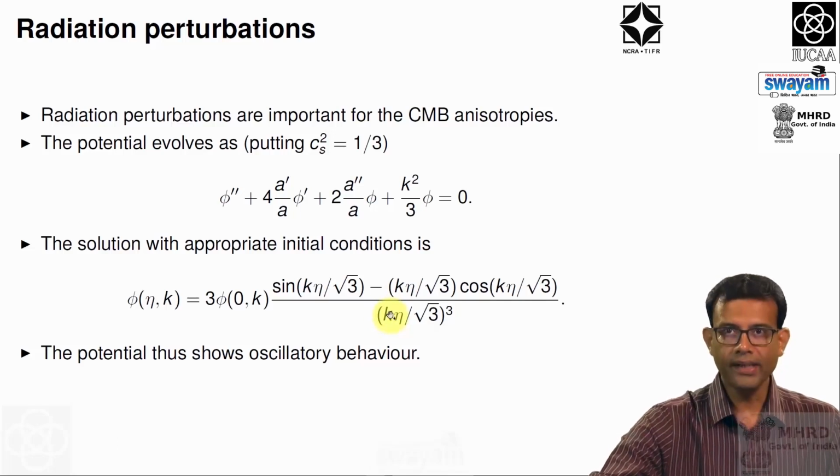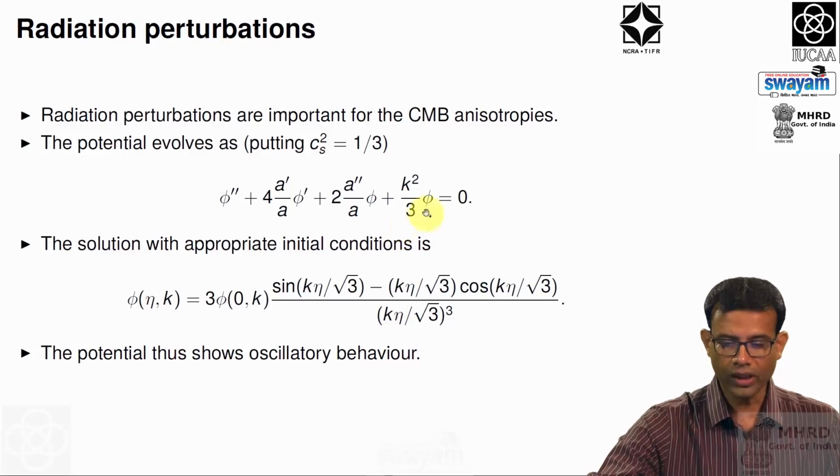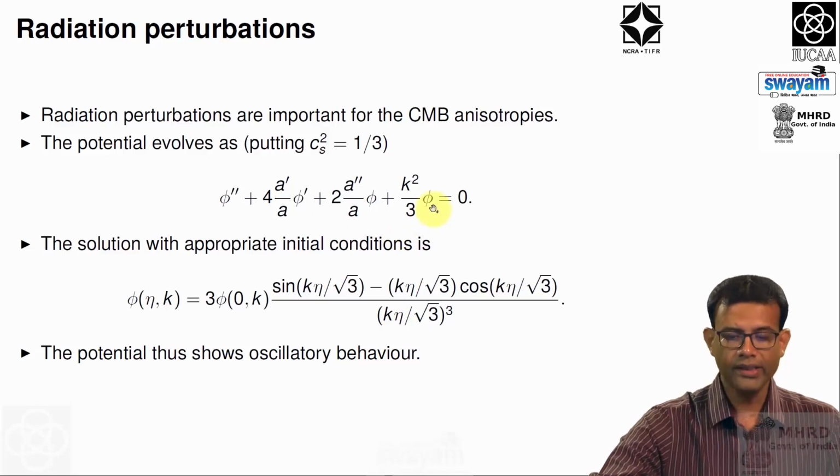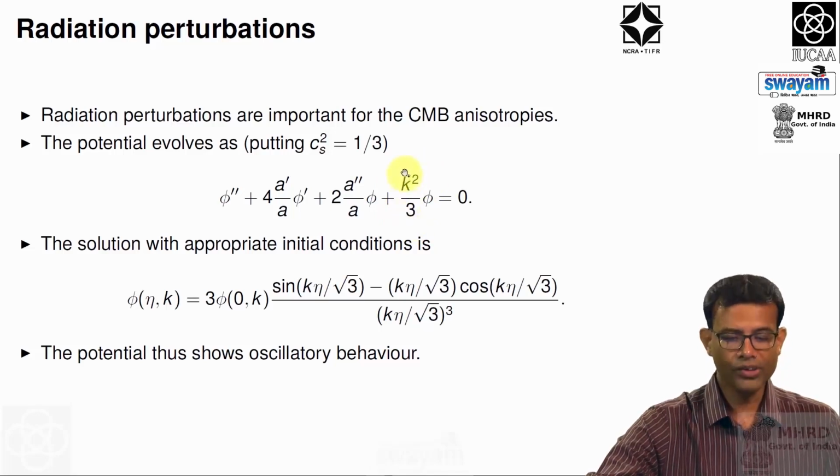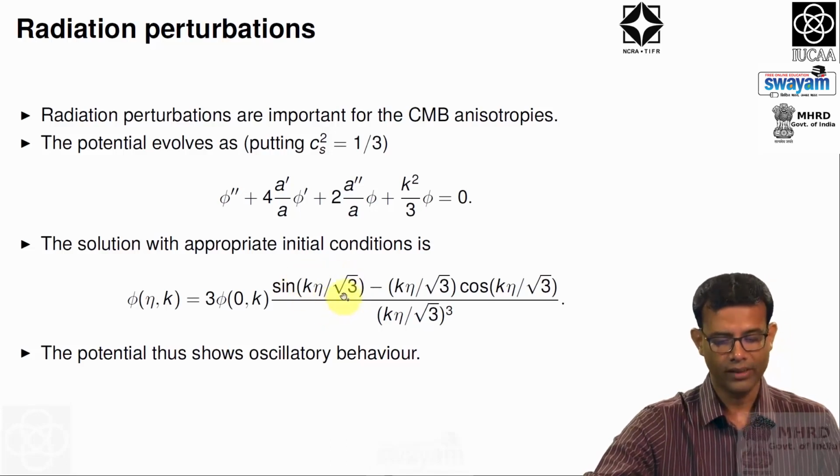This is not surprising because this equation has a lot of similarities with the harmonic oscillator problem. And as we also said, this term behaves like the restoring force term, and this acts as a frequency, and you can see the same thing happens here, k by root 3 appears as if it is the frequency of the oscillator.